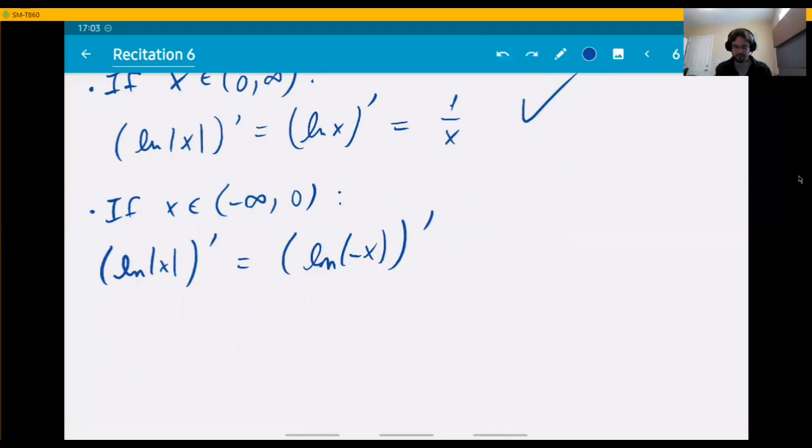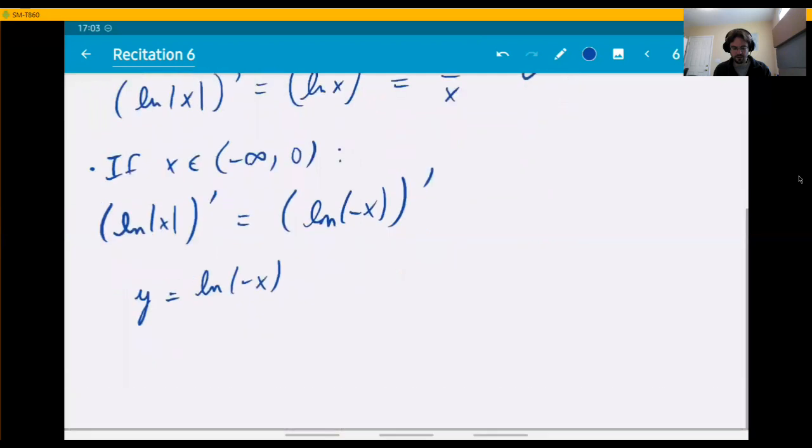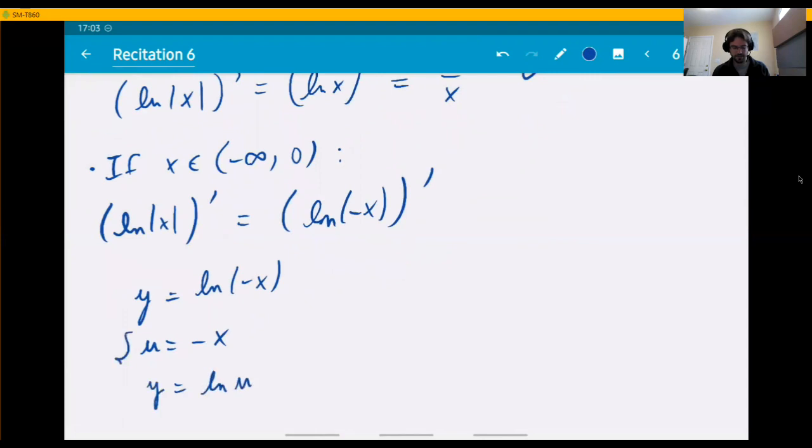Let's find this by chain rule. Let's call it y. Let's call u the inside term, the minus x, so that y is actually ln of u. This will be a very easy one. du dx is minus 1. dy du is 1 over u.